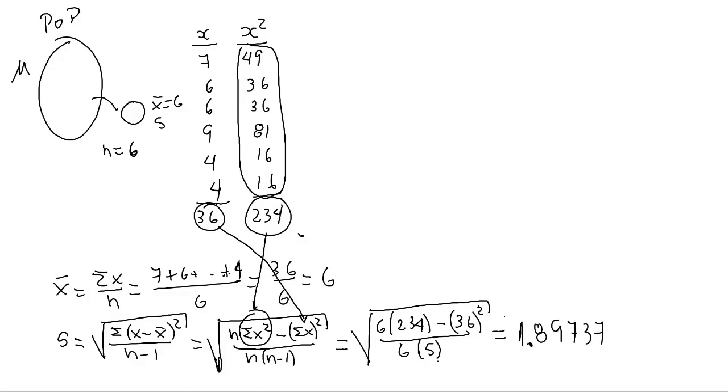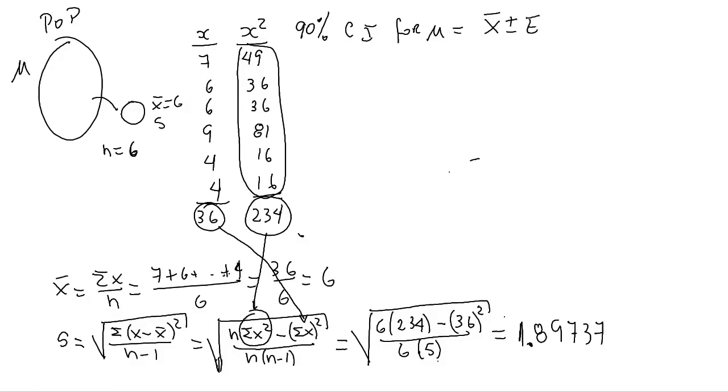Then my confidence interval: the problem is requesting a 90% confidence interval for the mean. The formula is x bar plus or minus the error.